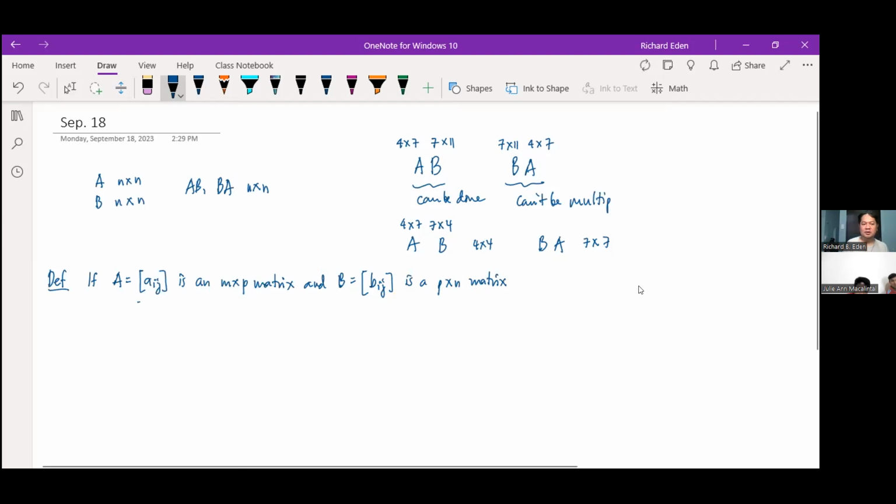So are you familiar with this way of denoting matrices? So A sub ij is a generic term, and then I represents the row of the matrix, and J represents the column.